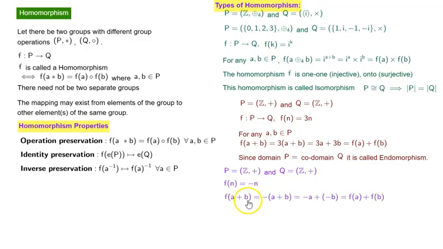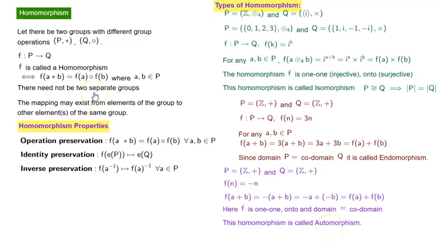So, F of A plus B is equal to minus of A plus B, which can be written as minus A plus minus B. Yes, minus A is going to be F of A. And minus B will be F of B. So we have F of A plus B is equal to F of A plus F of B. So here F is 1 to 1, onto, and domain is equal to codomain. So this homomorphism is called automorphism.